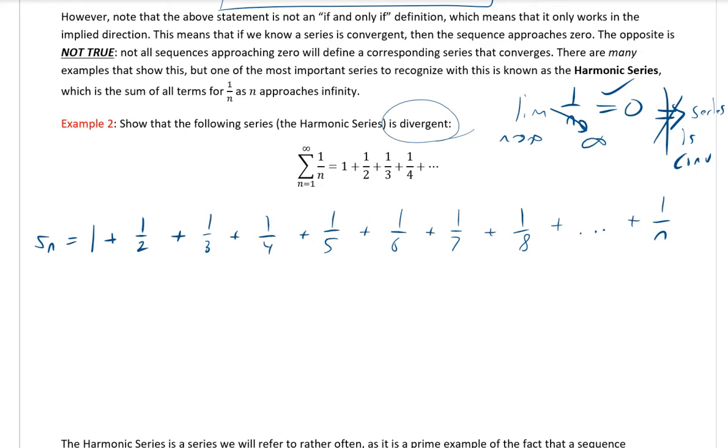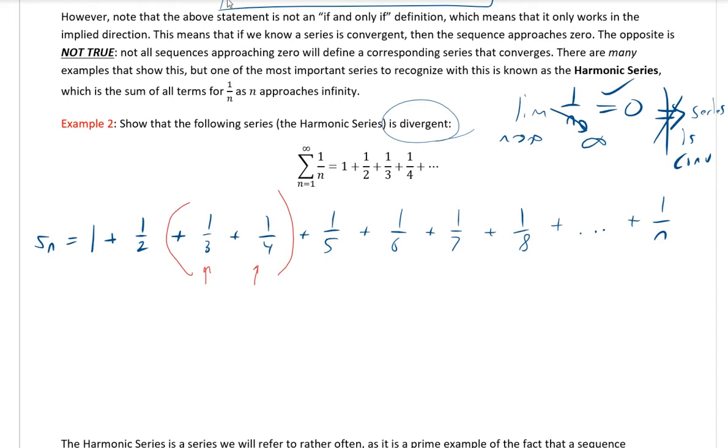However, look what happens when I start to group some of these. I'm going to leave 1 and 1/2 as they are, but then I'm going to start to group some of them. Specifically, 1/3 and 1/4. Well, I know 1/3 is bigger than 1/4 because it has a smaller denominator.